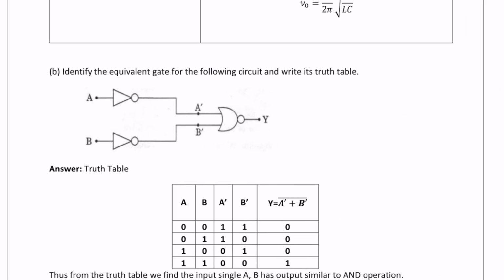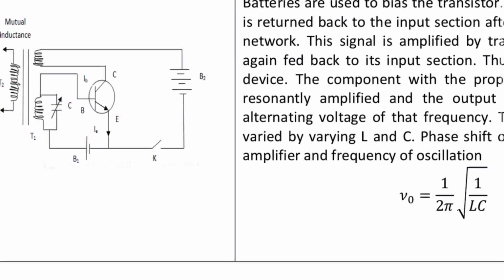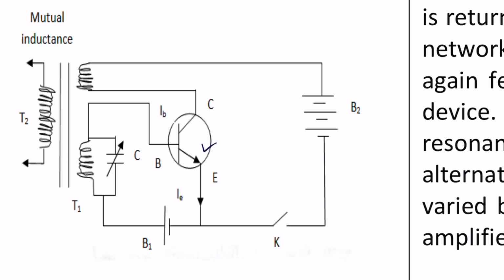Now let's understand the circuit diagram. This is the symbol of our transistor. A transistor has a base, a collector and an emitter. IB means the base current, IE means the emitter current, and IC is the collector current.